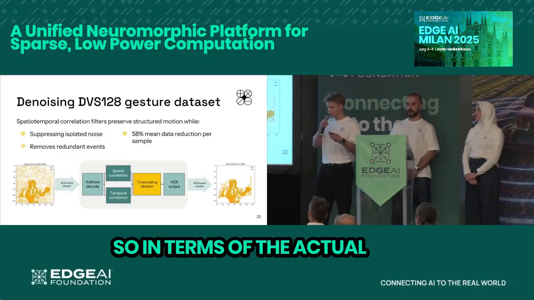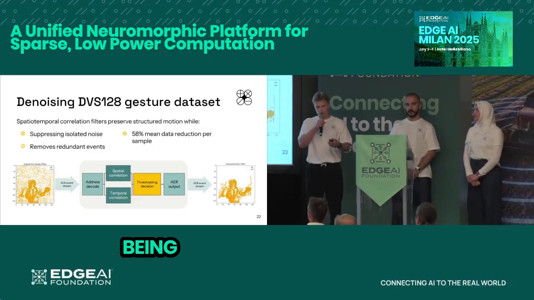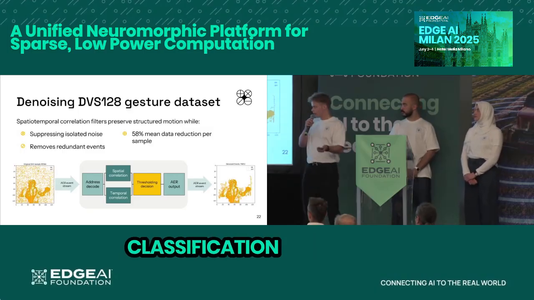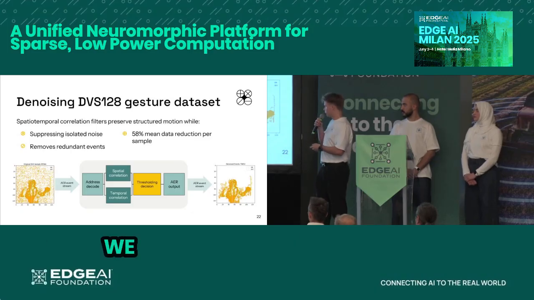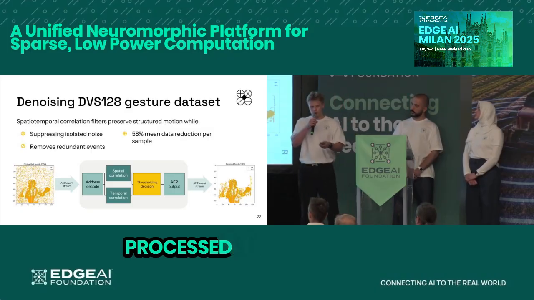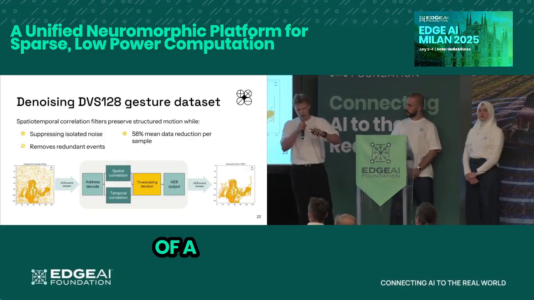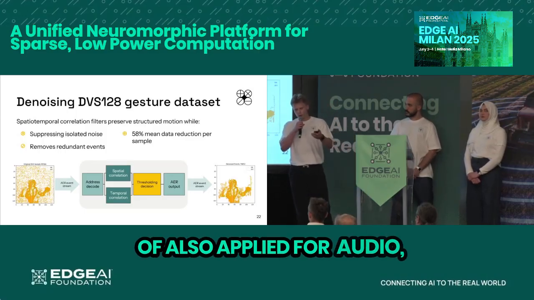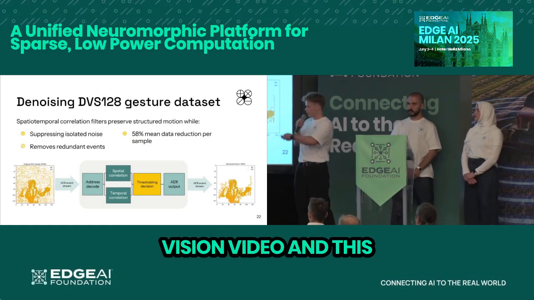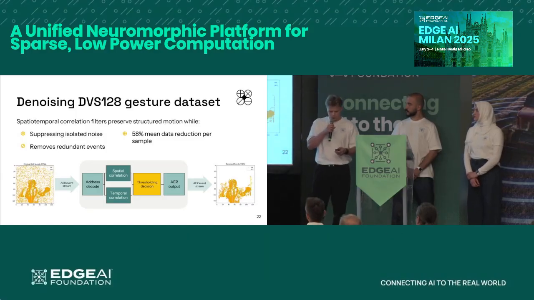In terms of the actual data reduction for the model that classifies gestures, the amount of data being processed at the end of this pipeline is significantly lower. We see this as a nice fit for audio and video, and this is specifically for the DVS event-based cameras. This is something that's very interesting for us.